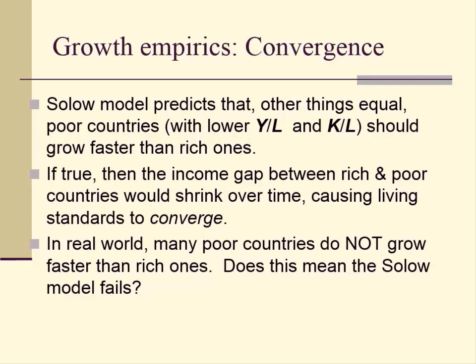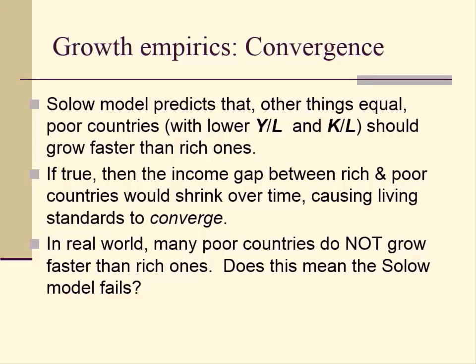Next, the Solow model predicts that, other things equal, poor countries with lower output per worker and capital stock per worker should grow faster than rich ones. If true, then the income gap between rich and poor countries would shrink over time, causing living standards to converge. However, in the real world, many poor countries do not grow faster than rich ones.